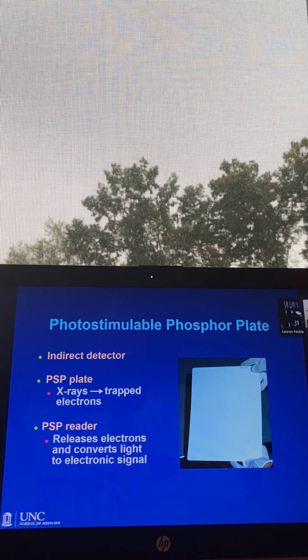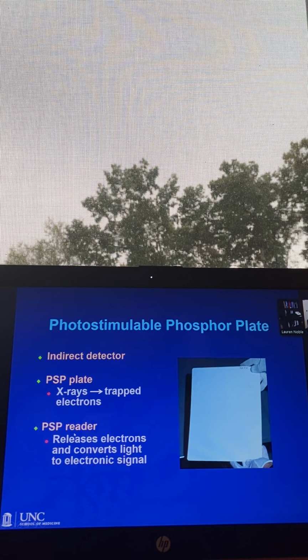So the PSP plate, when it receives the X-rays, we end up with electrons being trapped, and we'll look at this process in a moment. Then what happens is you take that cassette and you put it in the plate reader. So you put it in that reader device, and when that plate comes out of the reader, the electrons will end up being released, and they will get converted into light, and then the light gets converted into an electronic signal. So because we have light in the process, this is referred to as an indirect detector.